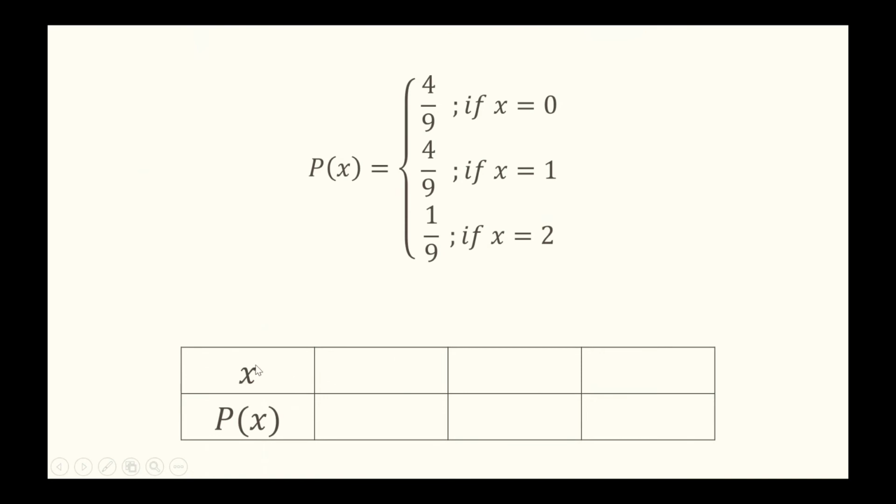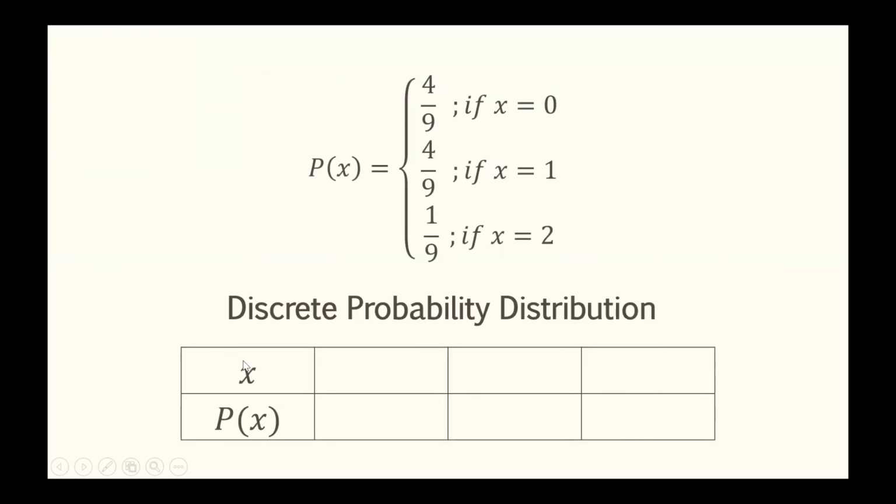So x is the number of rocks. We have here 0, 1, and 2 rocks. And P of x is the probability of getting the number of rocks, in fraction form. If we have 0 rocks, we have 4 over 9. If we have 1 rock, we have 4 over 9. And if we have 2 rocks, we have 1 over 9.